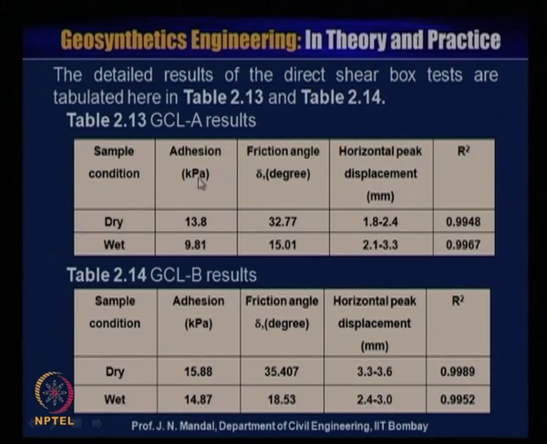You can see that in the dry condition, the adhesion and the friction angle are more compared to the wet condition, and the horizontal displacement does not differ significantly whether the sample is in dry or wet condition.